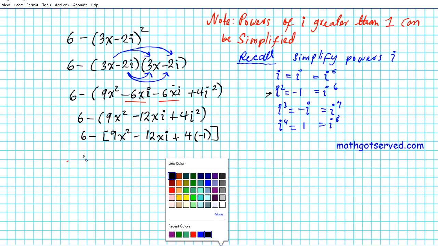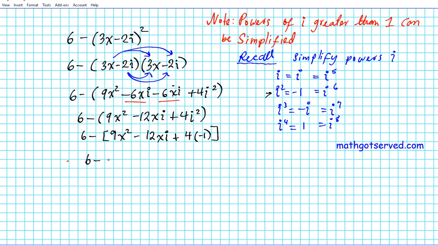Let's see what we got. We have 6 minus 9x squared minus 12xi minus 4. Distribute this minus to everything. We have 6 minus 9x squared plus 12xi. Distribute the minus to this minus 4 right here, plus 4.